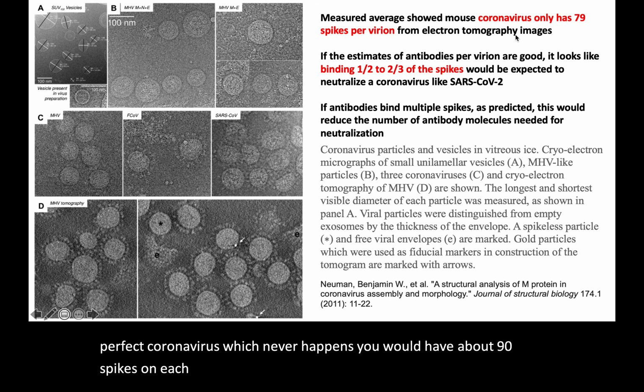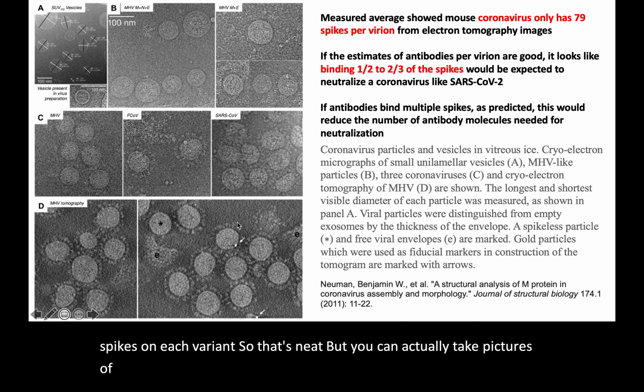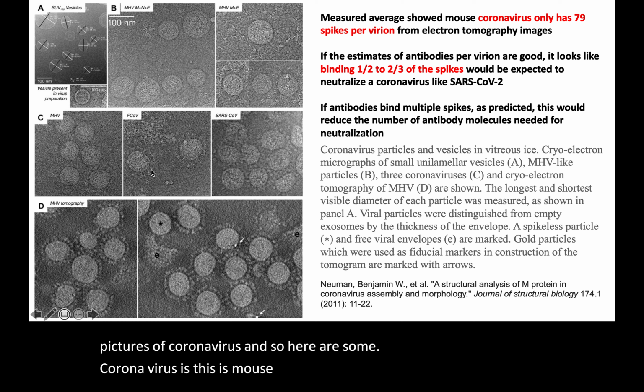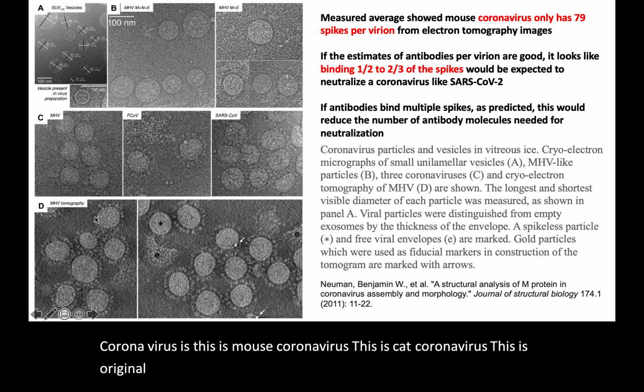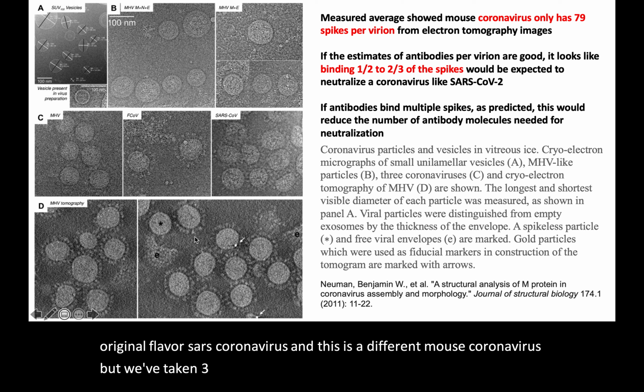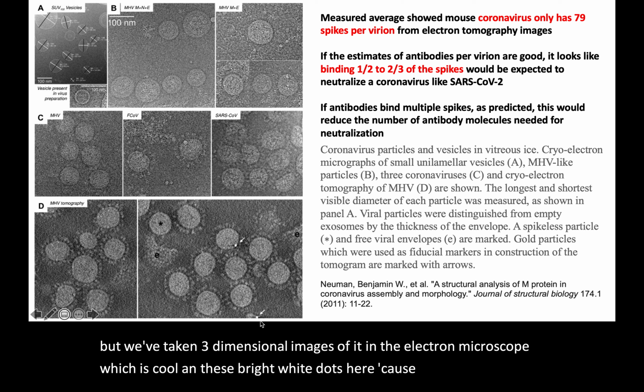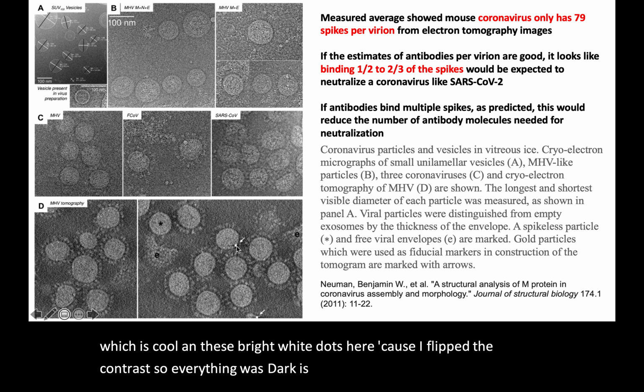So that's neat. But you can actually take pictures of coronavirus, and so here are some coronaviruses. This is mouse coronavirus, this is cat coronavirus, this is original flavor SARS coronavirus, and this is a different mouse coronavirus, but we've taken three-dimensional images of it in the electron microscope, which is cool. And these bright white dots here, because I flipped the contrast, so everything that was dark is now light, are little gold particles.